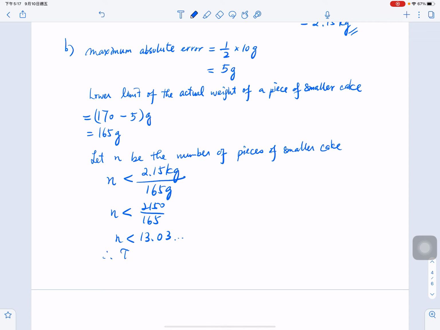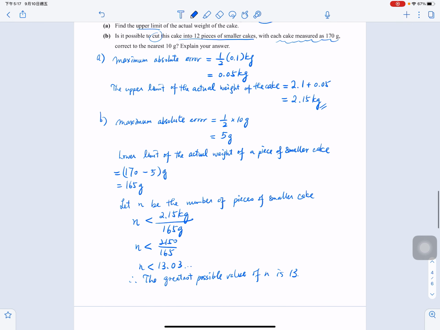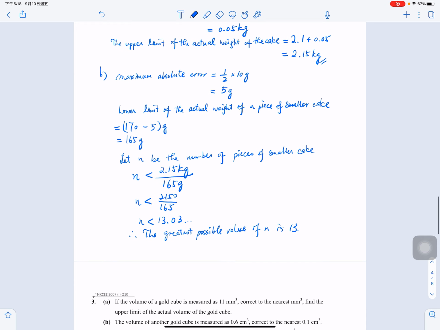At the end, the greatest possible value of n is 13. 即係話，哇，最大嗰個係13，咁即係可唔可以 cut 到12件啊？咁即係得啦。如果用170個 gram，可以量度到170個 gram，因為呢一個希望係可以達至嘅。咁我嘗試 check 下啦，165，咁你發覺 OK，therefore it's possible.